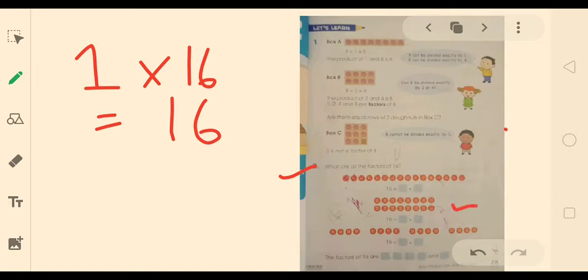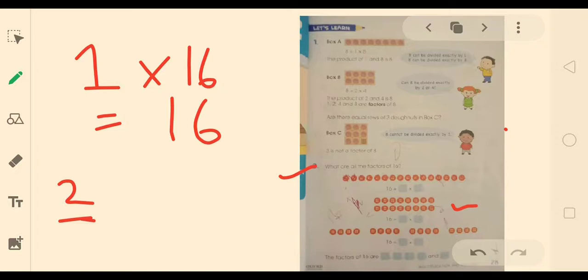Next, here, how many rows? 2. And how many discs in each row? 1, 2, 3, 4, 5, 6, 7, 8. It means there are 2 rows and 8 discs in each row.